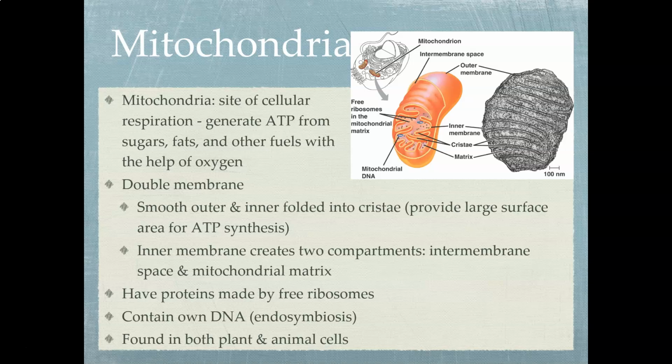When we look at animal cells, they only contain the mitochondria, which means they need to obtain those sugars from another source. So that's the big distinction between producer and consumer, or autotroph and heterotroph. So just keep that in mind. Make sure you understand that those mitochondria exist in both plant and animal cells because the plants do both photosynthesis and cellular respiration.